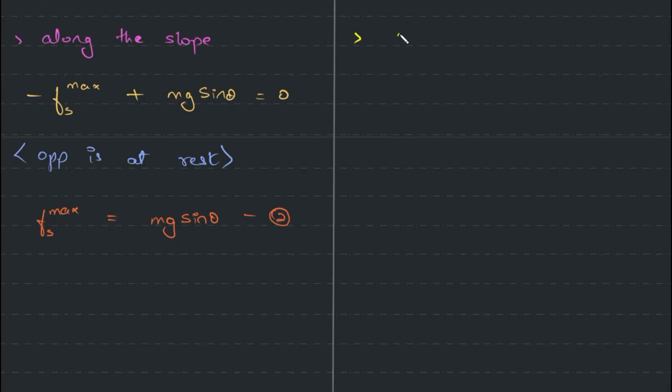So what we have here is 2 divided by 1. So we have fs max by the reaction force or normal force, which is equal to mg sine theta by mg cos theta. It's a simple derivation.